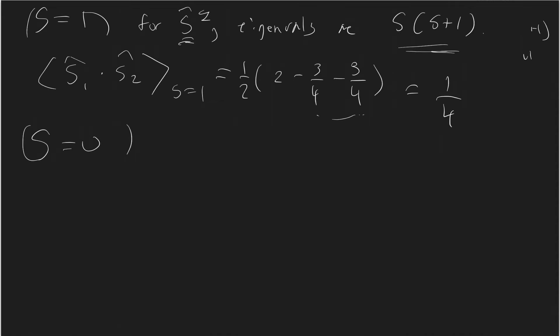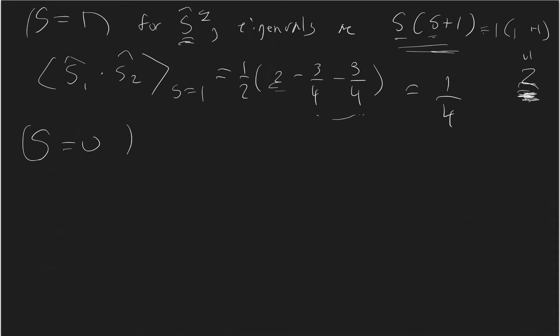I substituted in the wrong value. I was thinking about the singlet state here, and I put 2 in for some reason. So it should be 1 times 1 plus 1, and 1 plus 1 is 2, so 2 times 1.